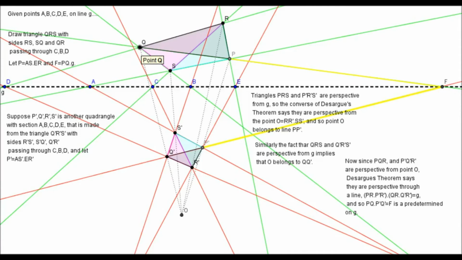Well, it meets it at F. So that means that Q'P' must also meet g at F. So now we've shown that this point F, the sixth point of our quadrangular set, is uniquely determined by just specifying the positions of the first five points. I think that's not particularly obvious, and it's very interesting to see how many different ways Desargues' theorem works backwards and forwards to establish this result.